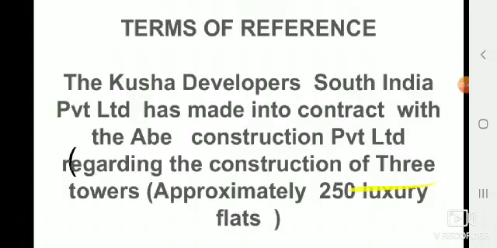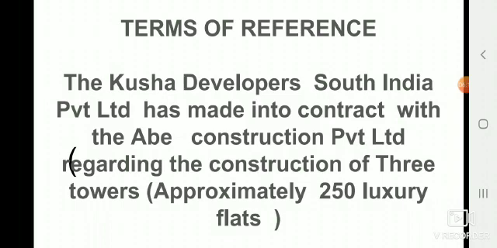Now second point is terms of reference. Students, you have to remember, in terms of reference you have to mention which company entered into contract with another company, when they are going to start the work, and when they are going to finish the work, and what is the estimation. All these details you have to mention in terms of reference.